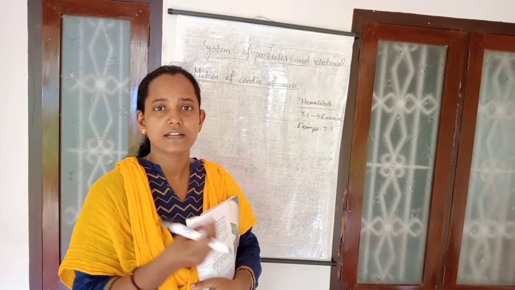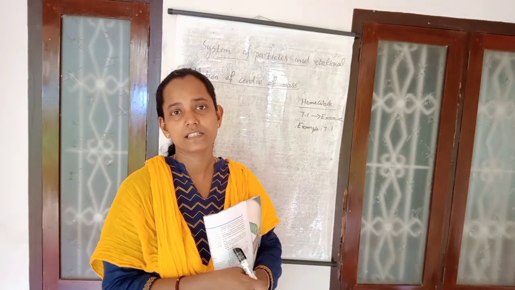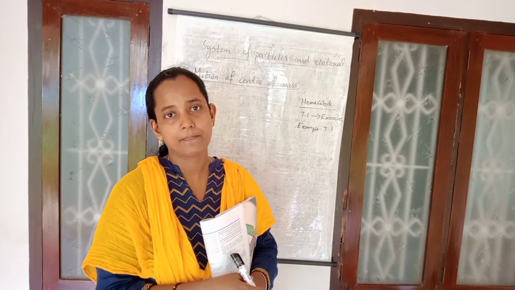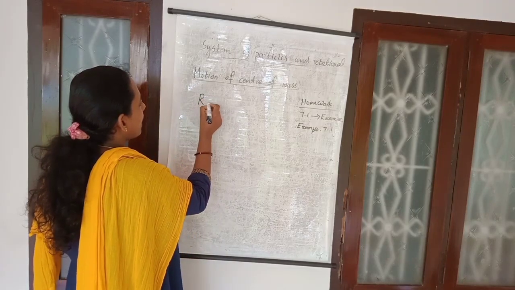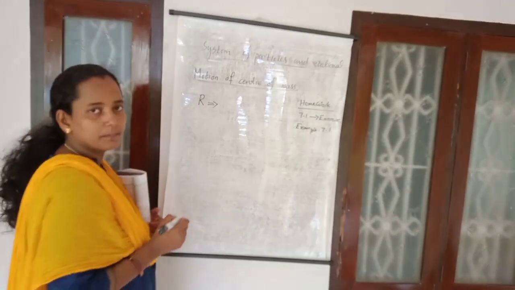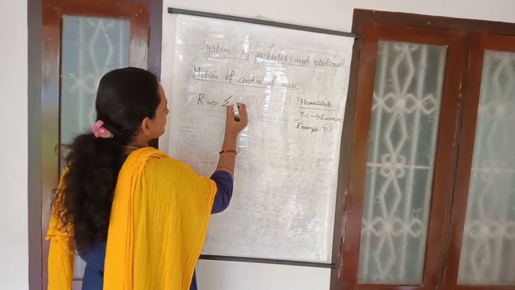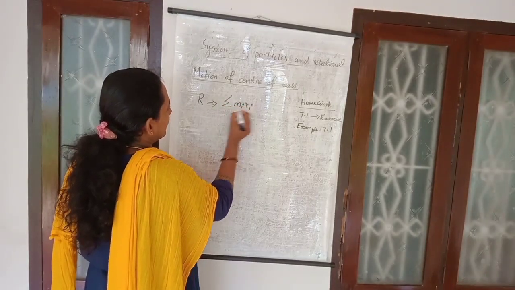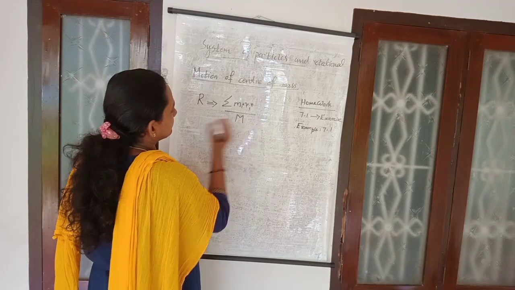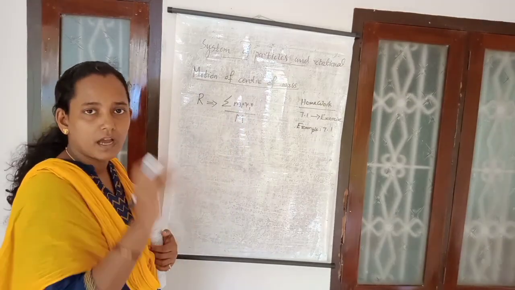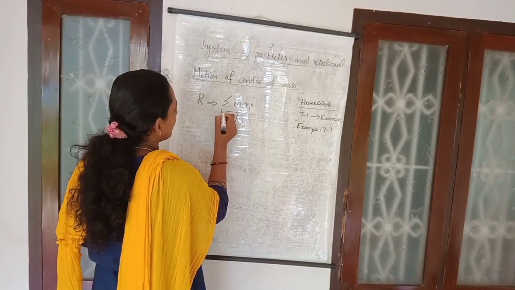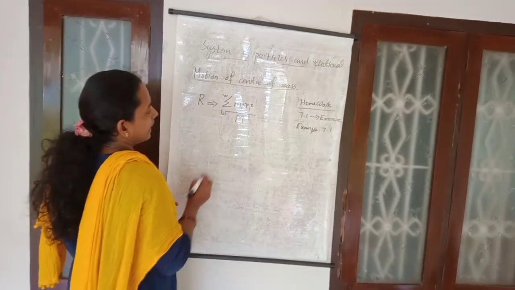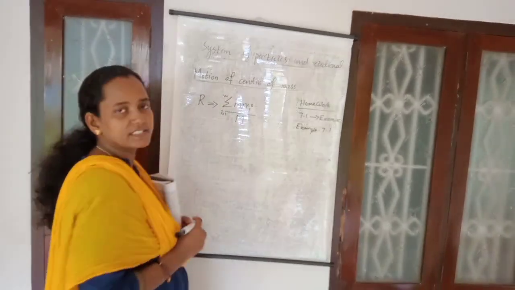And we know that the center of mass of a system is a point where the whole mass of that system is supposed to be concentrated. While discussing that, we found the expression for the R center of mass of a system of particles: R equals sigma m_i r_i divided by capital M. For a system of n particles, sigma varies from 1 to n, and capital M stands for the total mass of that system.